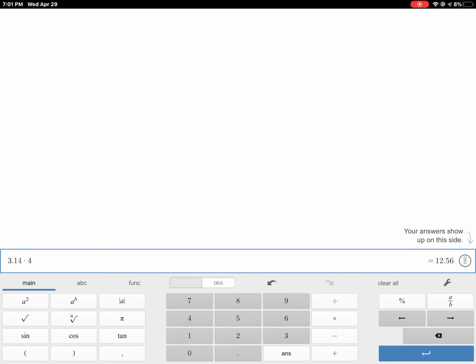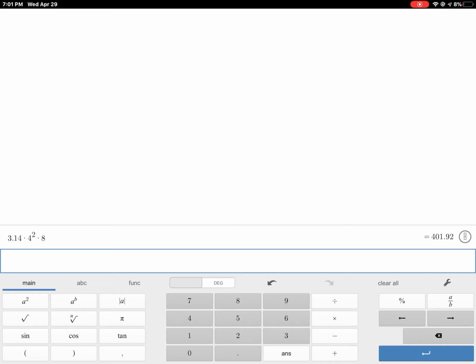So there's a squared button, or you could put 4 times 4, times 8. And then the equal sign is the bottom right. So 3.14 times 4 squared times 8 is 401.92.